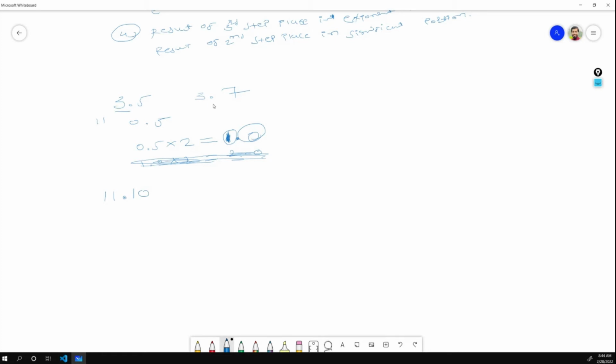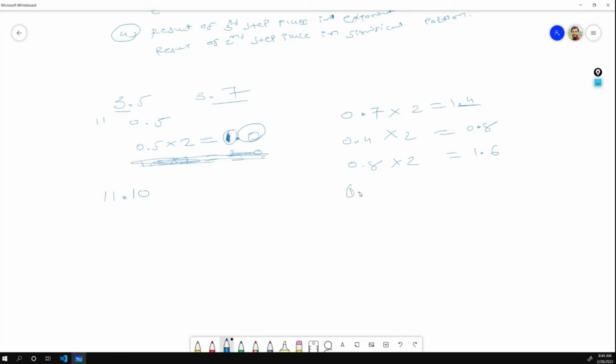Now suppose the case of 0.7. So 0.7 multiplied by 2 is 1.4. So here it's 1.4, not 1.0. So again we have to do 0.4. Multiplied by 2, 0.4 is 0.8. 0.8 multiplied by 2 is 1.6.